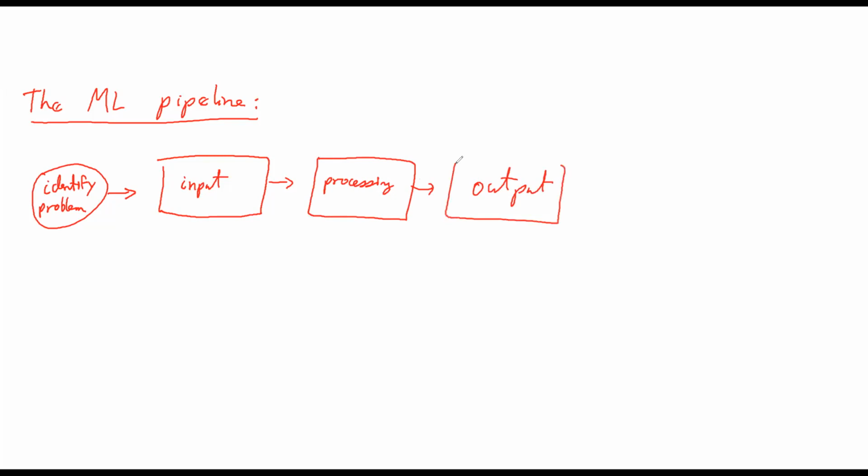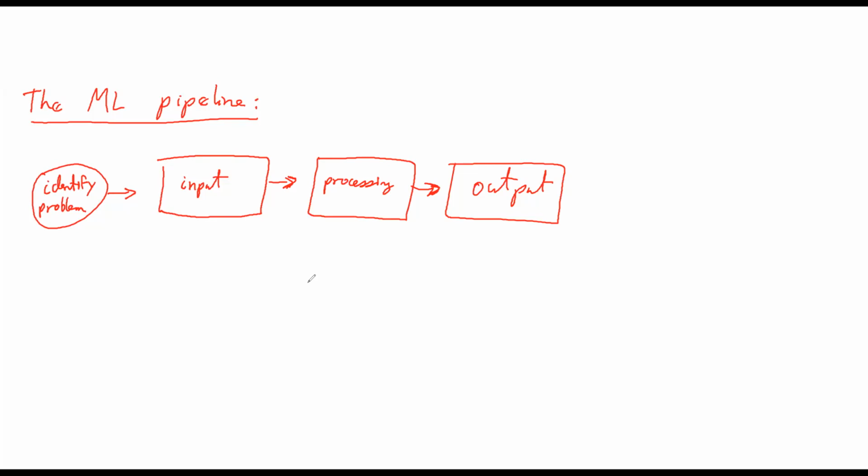So when you identify a problem, you need to identify these 3 things: what are the inputs, what's the processing going to be, what is the output? And then obviously these things can be divided into more things, right? Obviously processing would be your machine learning algorithm, the one that takes some data and makes a prediction, so the model.